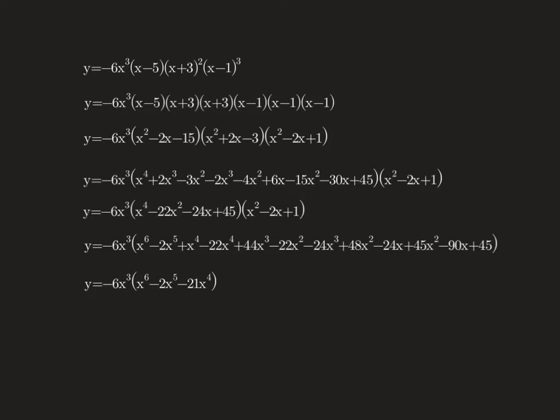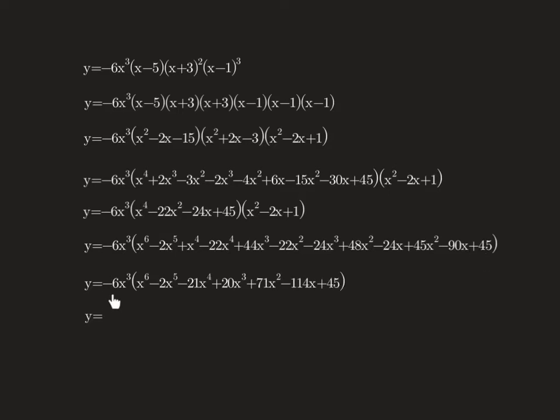So 20 x cubes. Minus 22x squared plus 48x squared, so that's 26, plus 45, so 71x squared. Let's look for x. Minus 24x minus 90x, so negative 114x, and plus 45.